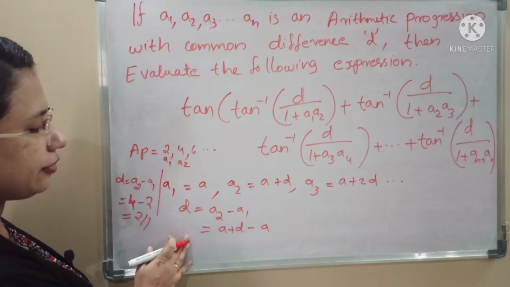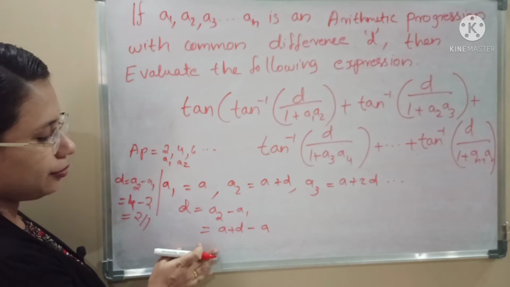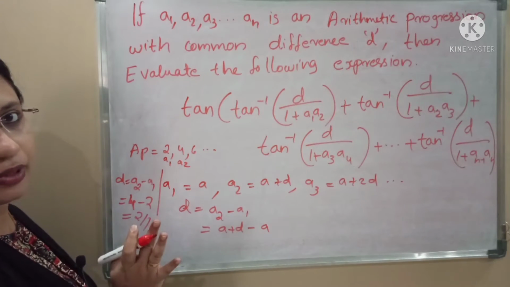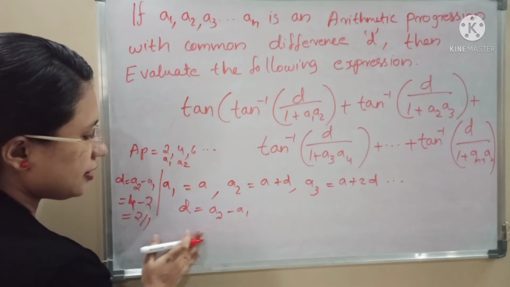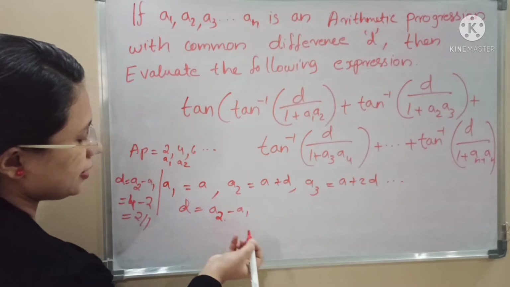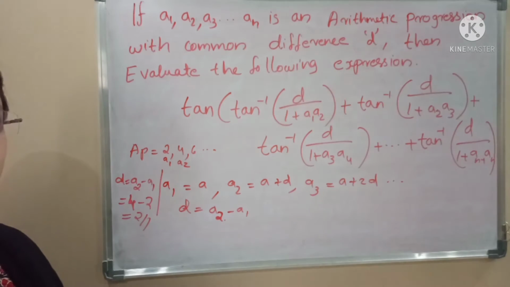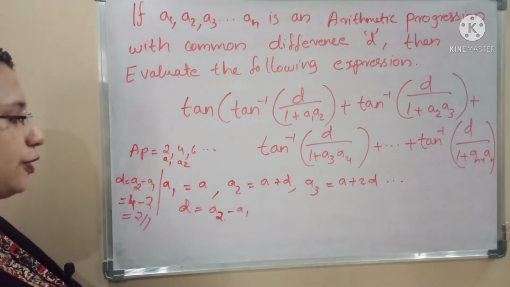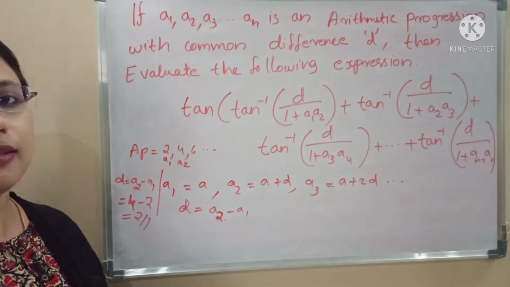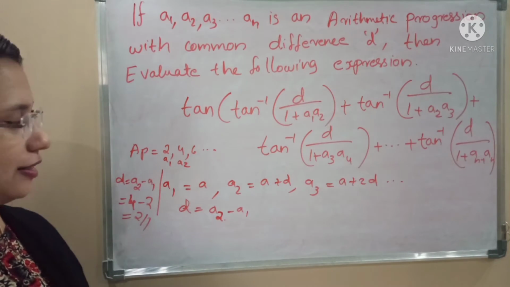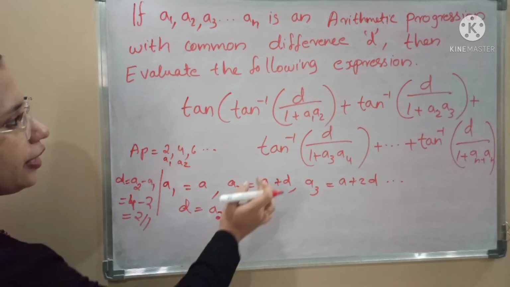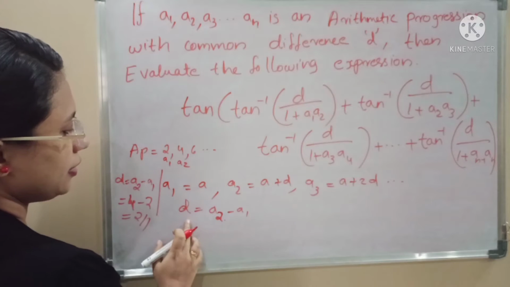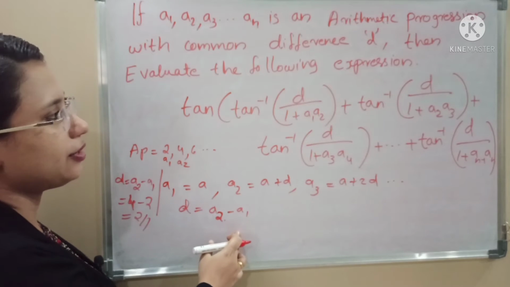So definitely we cannot substitute it because all are unknown terms. Definitely we will not get an answer for that. So we'll just write the formula of common difference. So this is how we'll get the common difference. For a1 and a2, the common difference will be a2 minus a1.